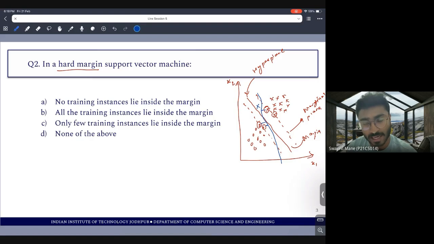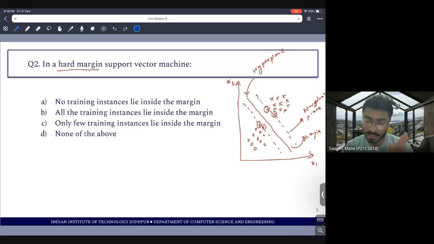According to this blue decision boundary, it is classed as the negative class, that is the circular class, but it is actually from the positive class, right? So it can make a misclassification in the future. It does not ensure generalizability actually.